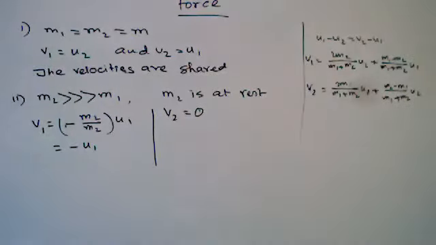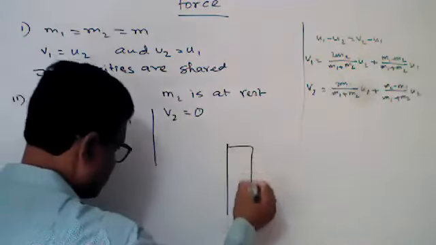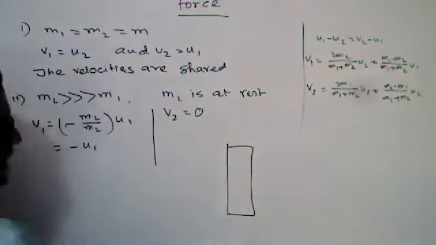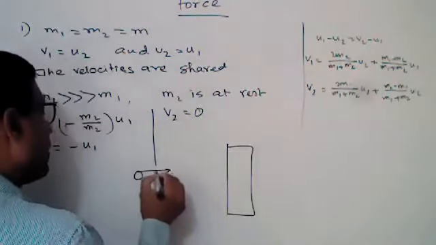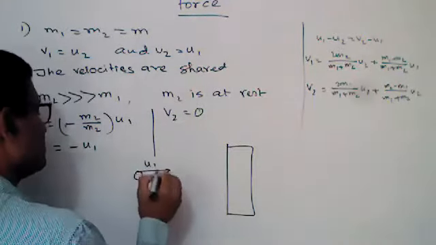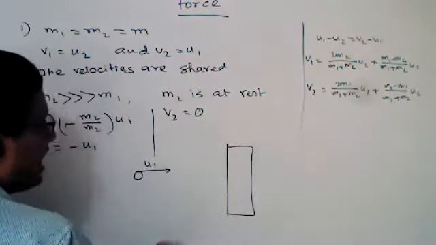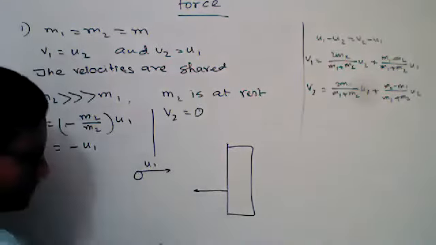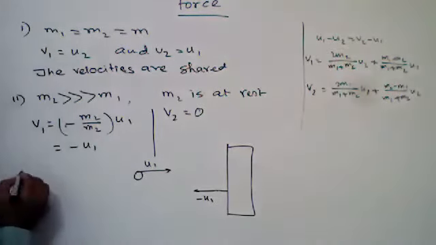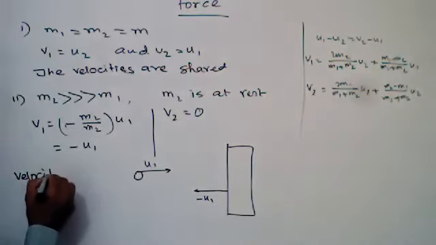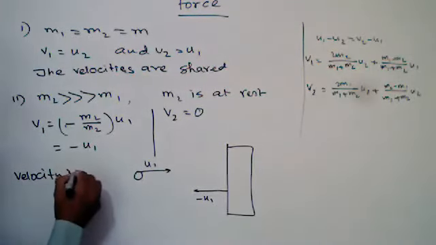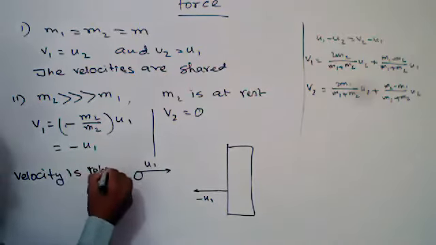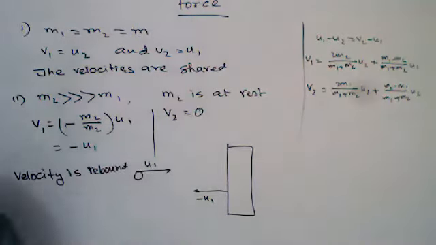So if the mass of the second object is much greater and it is at rest, and an object moves in this direction, after collision the object rebounds with the same velocity. So we can say the velocity rebounds in this condition. Okay.